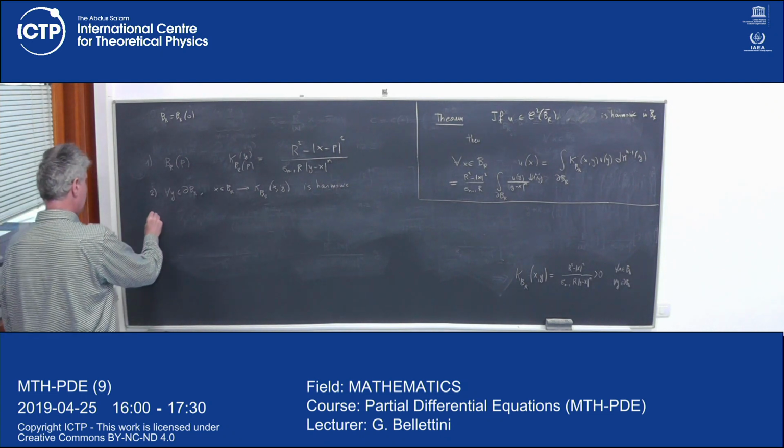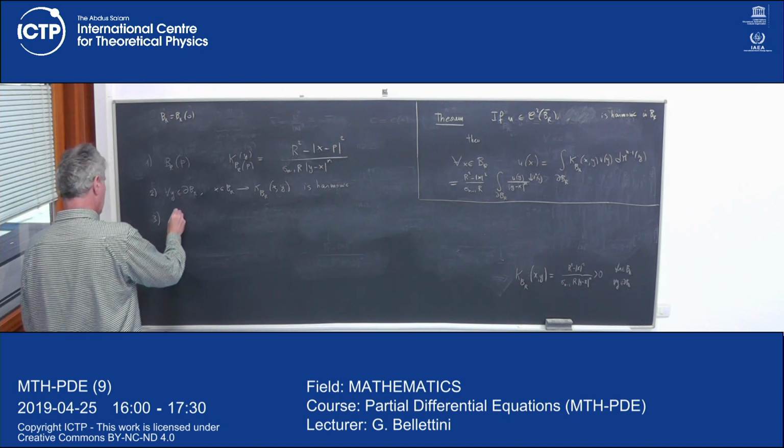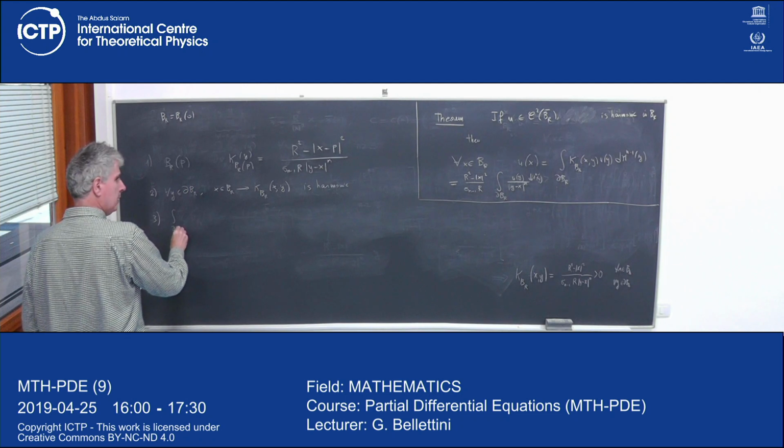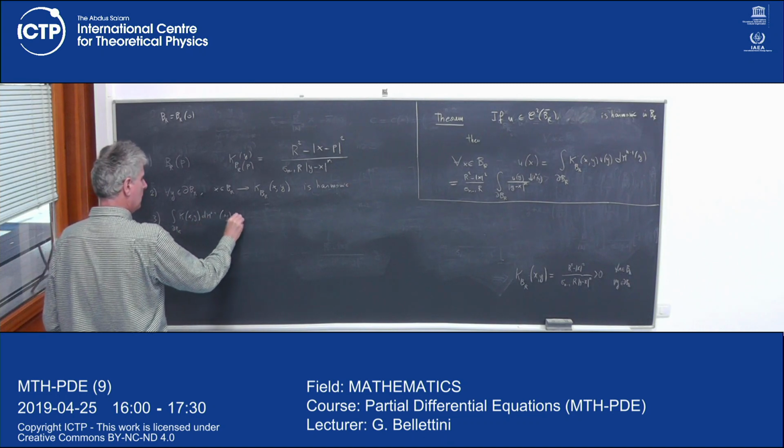Third exercise, same exercise. The integral over the boundary of BR of k of x and y dH n minus 1 of y is 1.